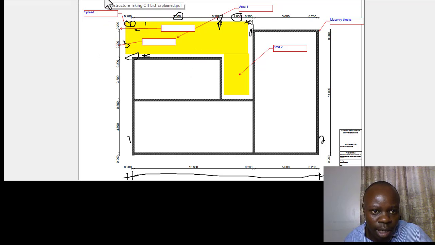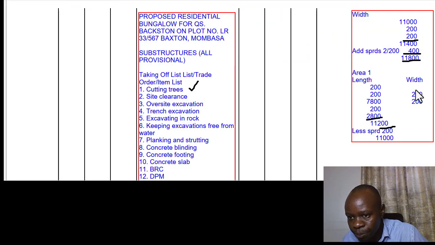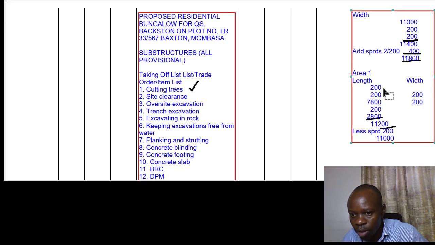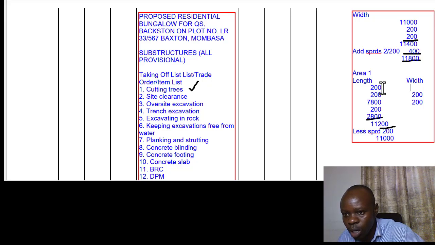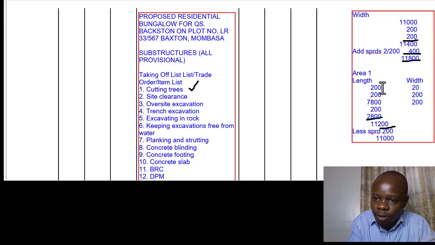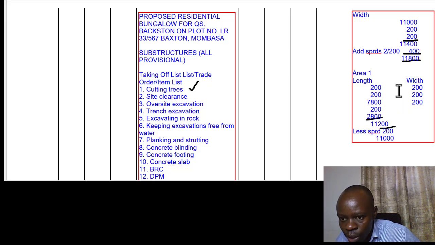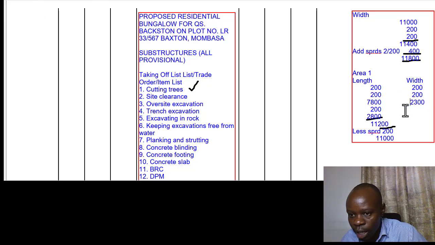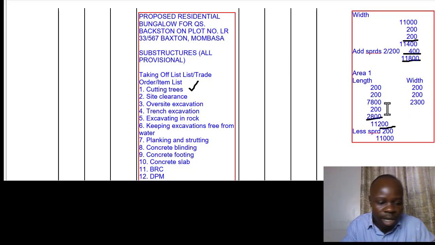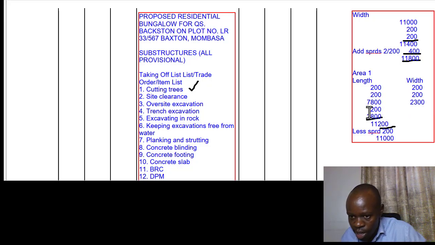So it's 200 for the spread plus 200. Okay, so the spread is 200 on that part, and then we add 200 for the wall, and then we add 2,300 for the bigger part, and then we less another spread down here, so we can get this total.